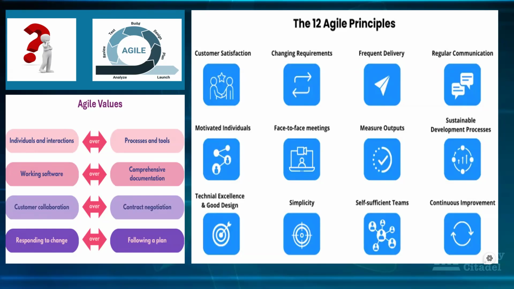And then there's working at a sustainable pace. The team has to work at a pace that they can sustain over time, and that prevents them from burning out, and it ensures steady progress also. So there has to be a sustainable development process, and that's why we're doing it in bits. Agile does it in bits, iteratively, like we said. You come together, you plan, you do that.